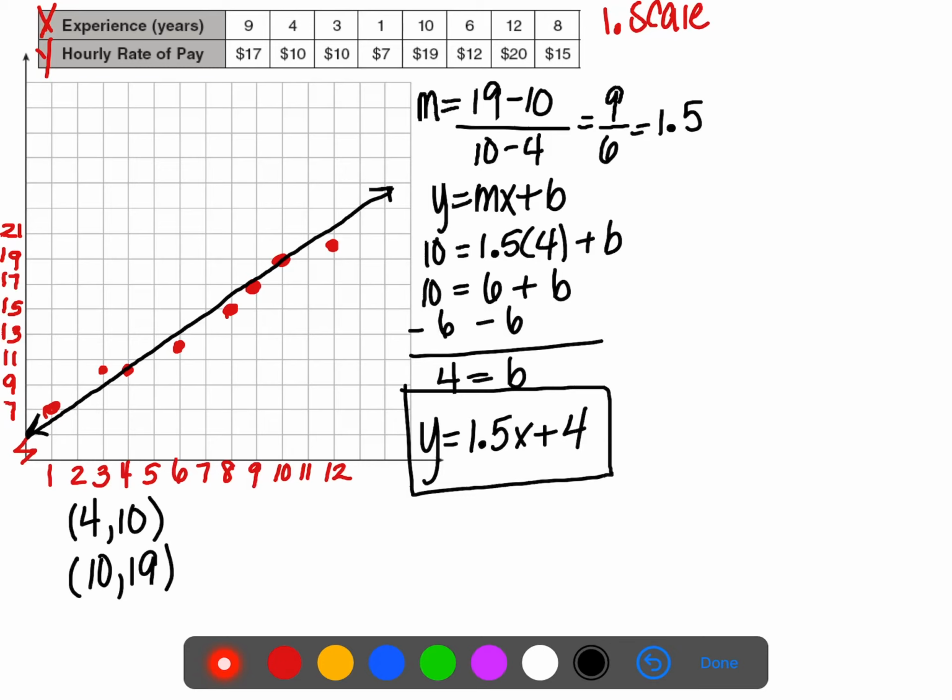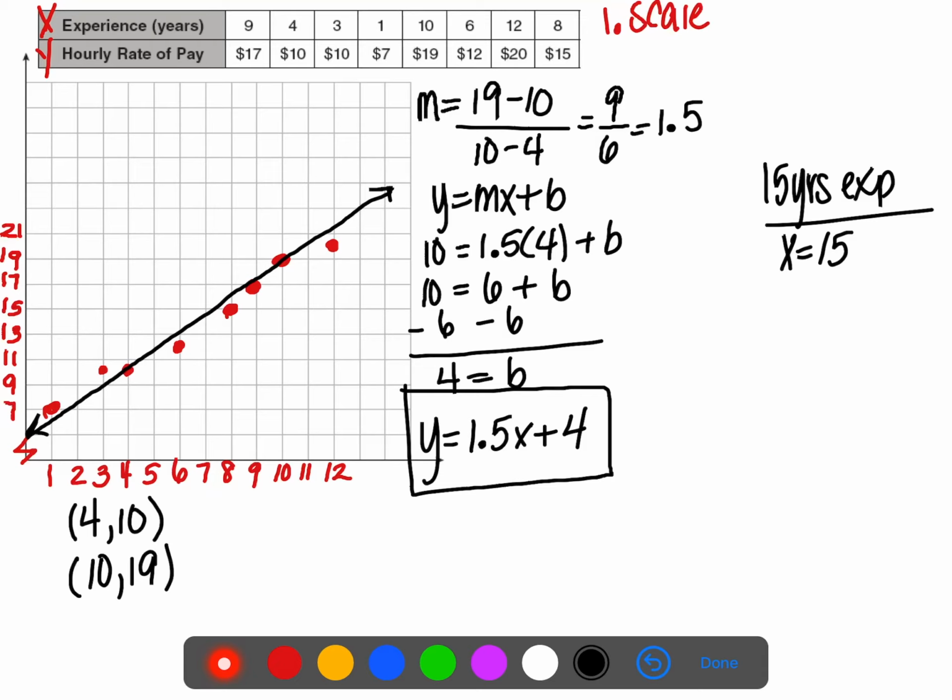This wanted me to predict what would be the pay for 15 years of experience. So I want to look back at my table. Experience is the x value. So I have x equals 15 here.